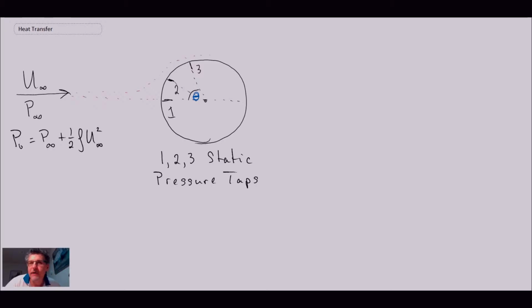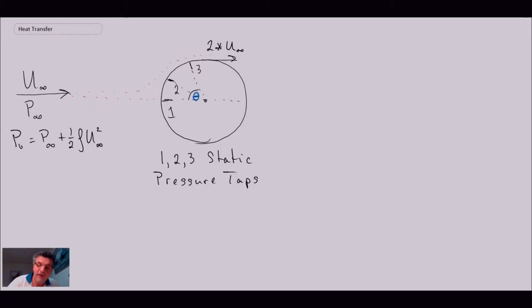If we were to have an inviscid flow, which no flow would ever be, but if we had a flow without viscosity, we would find that the velocity on the top of the cylinder would equal 2 times u infinity, twice the free stream. Now in reality the boundary layer forms and the velocity does not behave in that way, as we'll see momentarily.